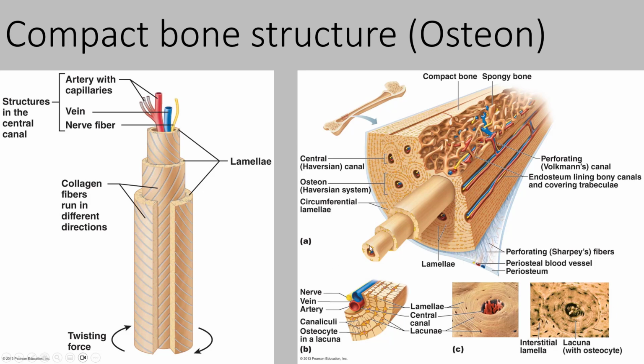Now, what we are seeing here is microscopic. This is not the shaft of a bone that's sticking forward right here. This is much smaller than that. Look up here at the top of this image on the right. This is a bone. This small little section at the border of the diaphysis is what we see in this large image right here.